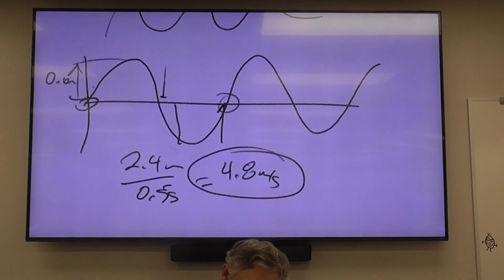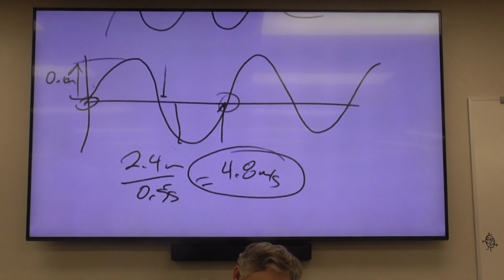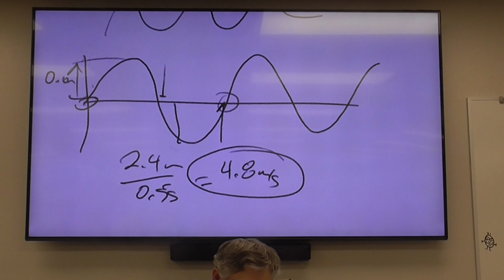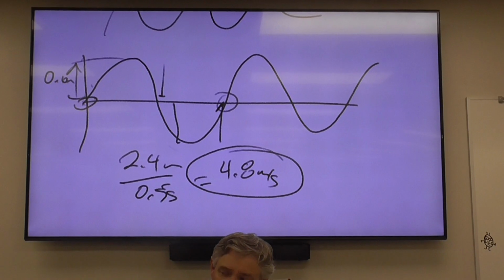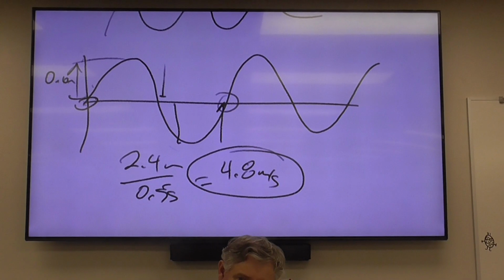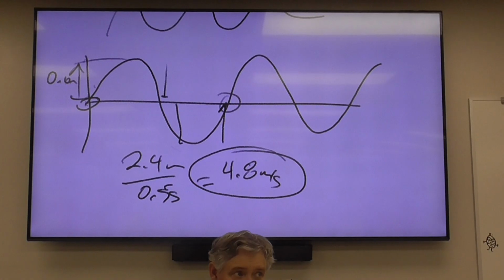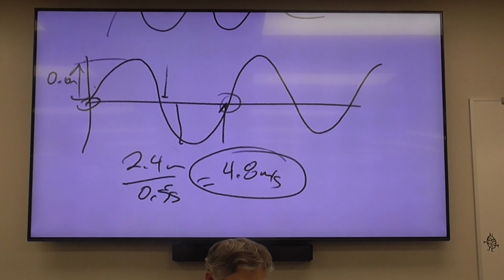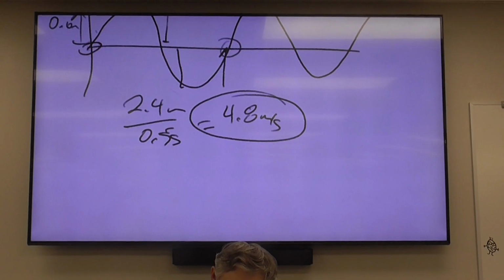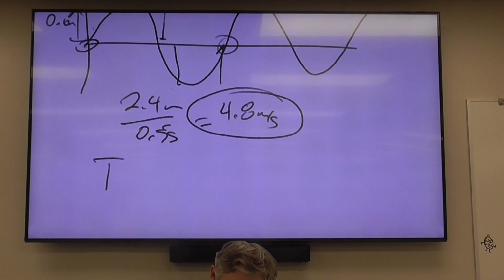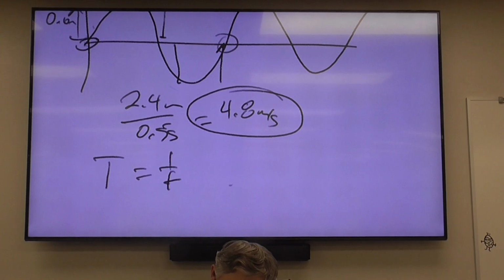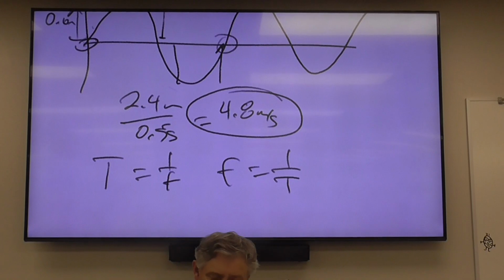Now, then we're going to double the frequency. So what's the relationship between period and frequency? They're inverses of each other, right? So period equals 1 over frequency, or frequency equals 1 over period.